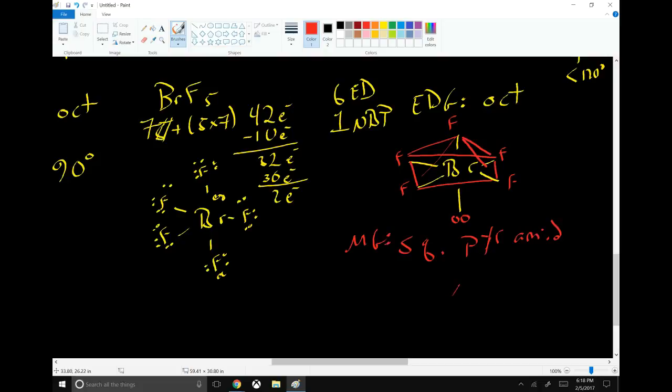Square pyramidal. So when you draw it out, just a nice square pyramid with the bromine, or the central atom, at the middle of the base. Then we have our fluorines at the 5 corners. Okay. So that is 6 and 1.